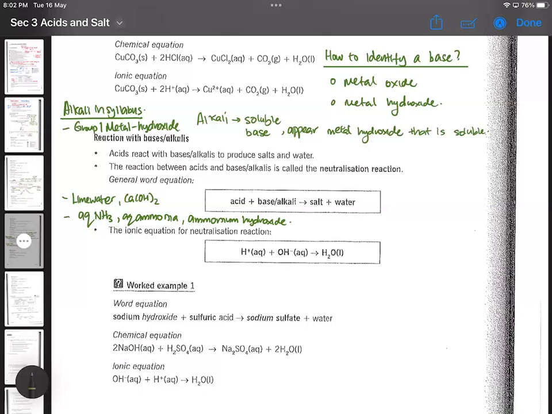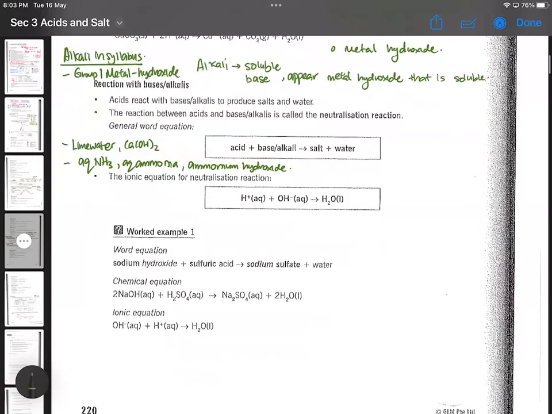Okay, all right. If no questions for this, let's look at the equations together because there is a distinction between a base and an alkali that we want to recognize. For the examples over here, what are the reactants present? You see worked example number 1. Generally when an acid reacts with an alkali or a base, you get only salt and water. So in this case, sodium hydroxide is a group 1 hydroxide. This is actually an alkali.